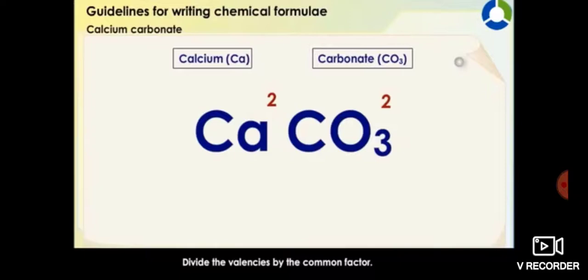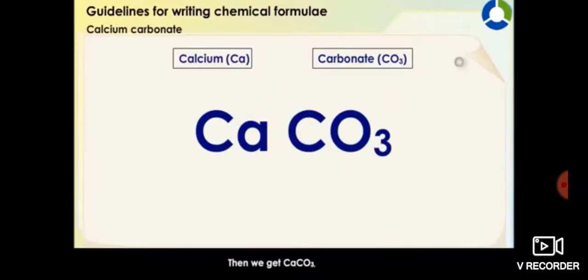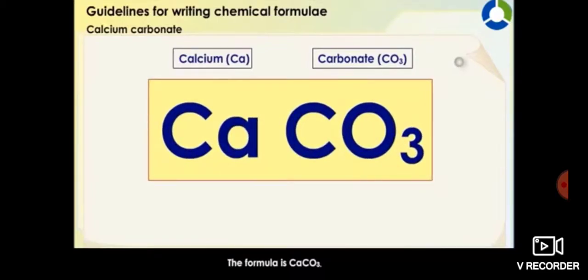Divide the valencies by the common factor. Here, common factor is 2. So, when we divide the valencies by 2, we get Ca valency 1, CO3 valency 1. Then we get CaCO3. The formula is CaCO3.